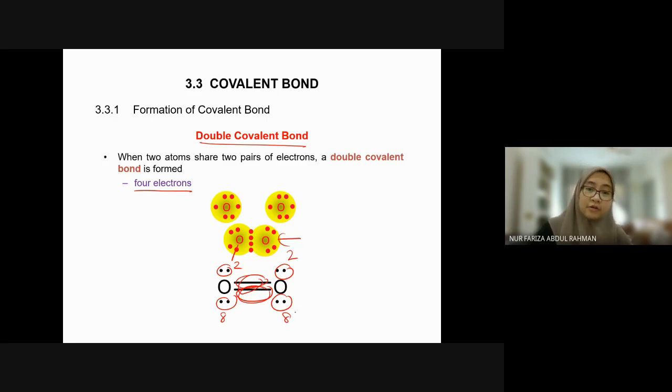So 8 electrons. They share because they want to achieve the octet configuration. Just how they share, how they go about the sharing, differs. Sometimes they share only 2 electrons, sometimes they may share 4 electrons, sometimes they may share 6 electrons. Why do they share differently? Because they have to achieve the octet configuration.